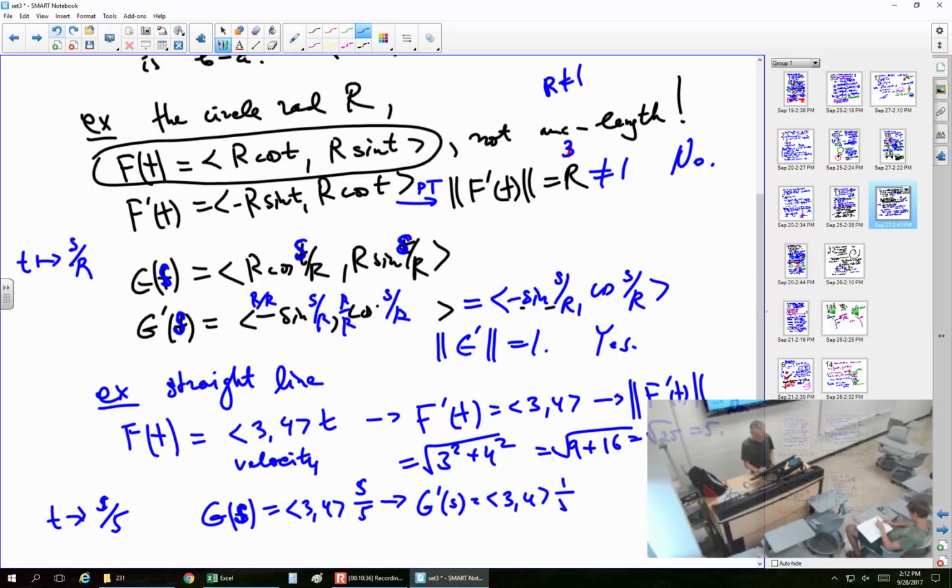And I have 1/5. And that adds up to 3/5, 4/5. And one thing, this is a unit vector. A unit vector, and that's what we're after.